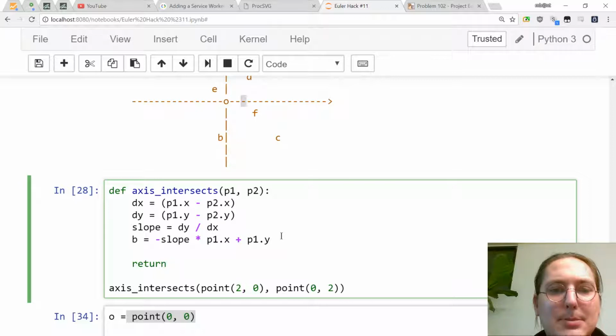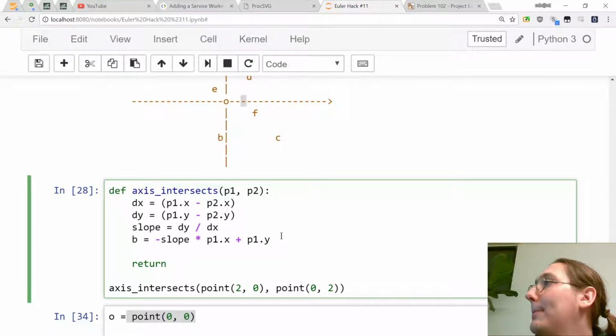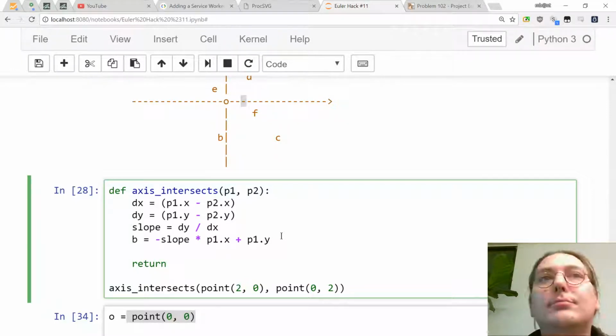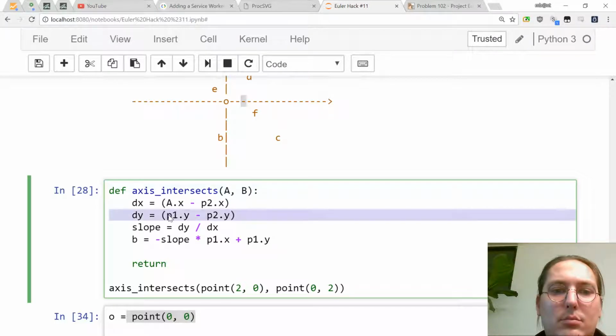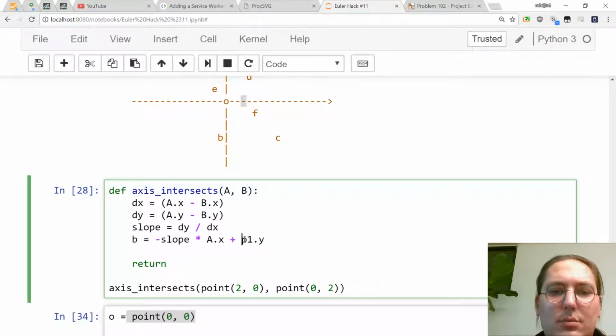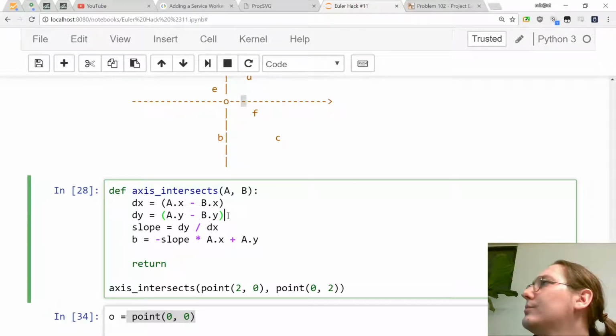So we should keep x1, y1, like the first point, point A and then point B. To compute the slope, we should always start with the same point.